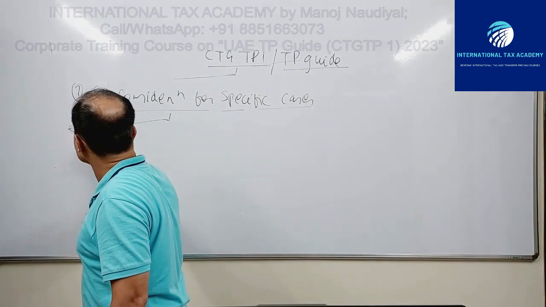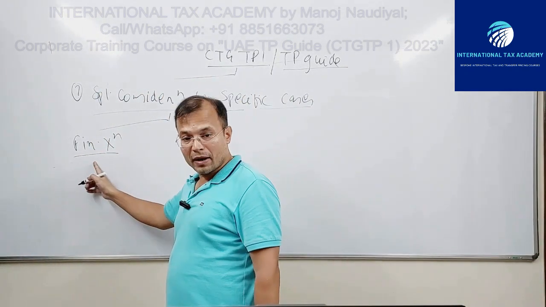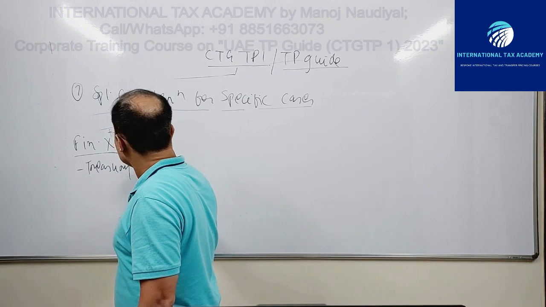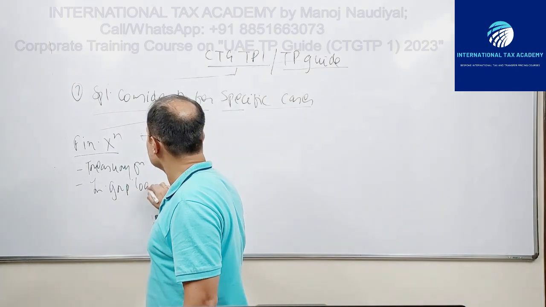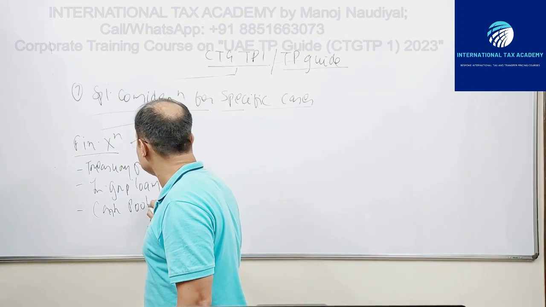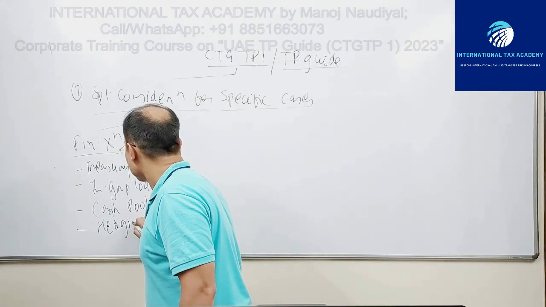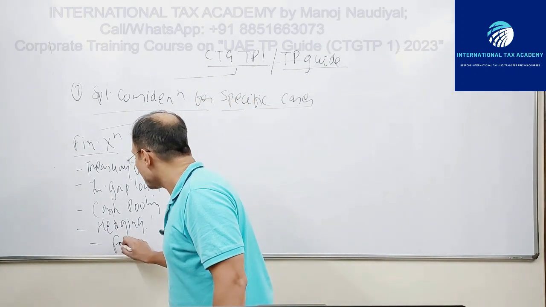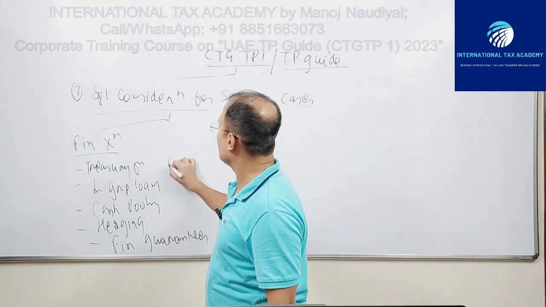The first one is financial transactions, comprising the treasury function, then intra-group loans, then cash pooling arrangements, then hedging, then financial guarantees, and then captive insurance.